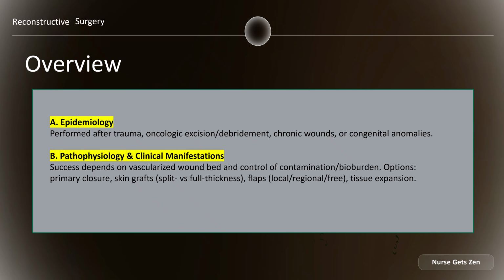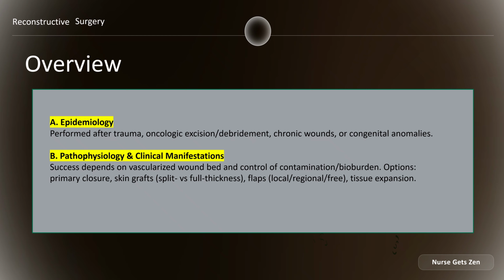Healing by tertiary intention includes the use of skin graft, myocutaneous skin, subcutaneous tissue and muscle, the fasciocutaneous skin, subcutaneous tissue and fascia, and free muscle flaps.